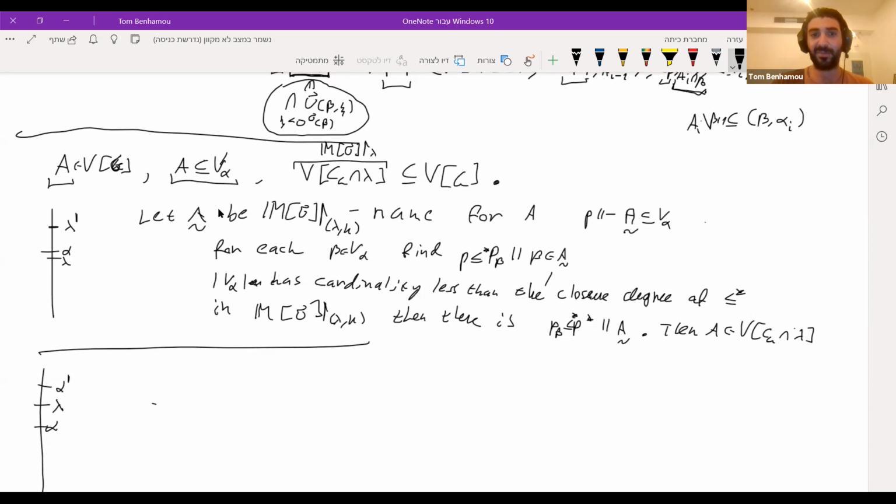The forcing which completes this model to VG is the forcing MU restricted to lambda kappa. You can ask yourself, maybe I need to generate the coherent sequence of measures here, because I added subsets to measurables here. But actually, we don't really have to. We can simply take the one from the same definition from the ground model and force with it over this model to obtain this model. Apparently, this is the same. So we force with this forcing to complete this model to this model.